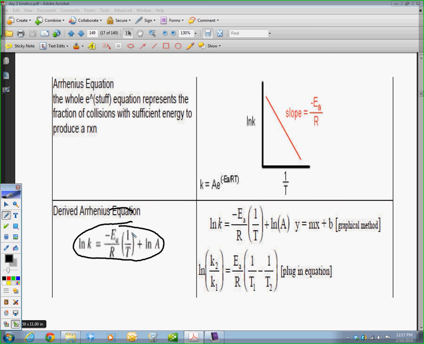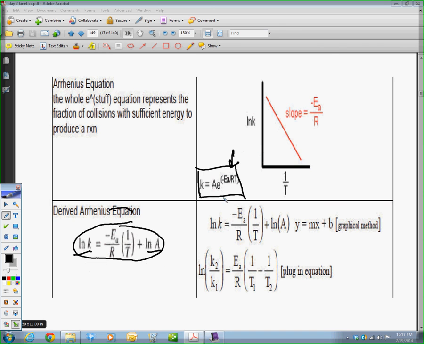If you use calculus, you can manipulate this equation to look like this. So if we want to bring this down, you take the natural log of both sides of the equation, and you'd end up with an equation that looks like this, where the exponential would actually come down.